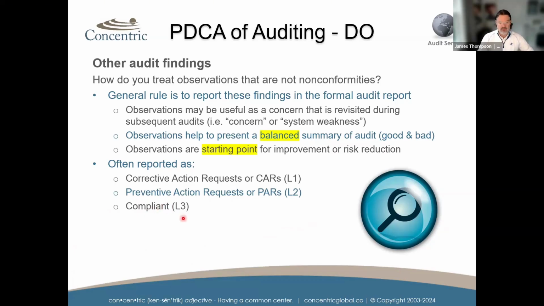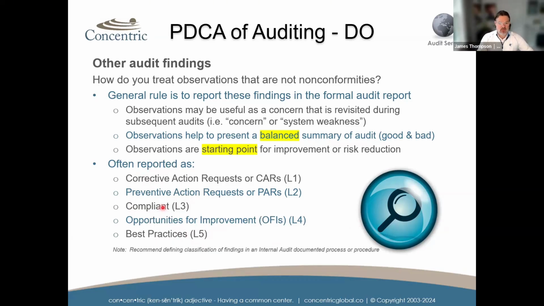Should be compliant, which is neutral. Opportunities for improvement, or OFIs, as you see it here, are ways to get better, level 4, and best practices as a level 5. So this is a benchmark that you want to study and roll out to other areas. But there isn't anything in 19011 that says you have to use these. This is just examples of ways that observations are reported.